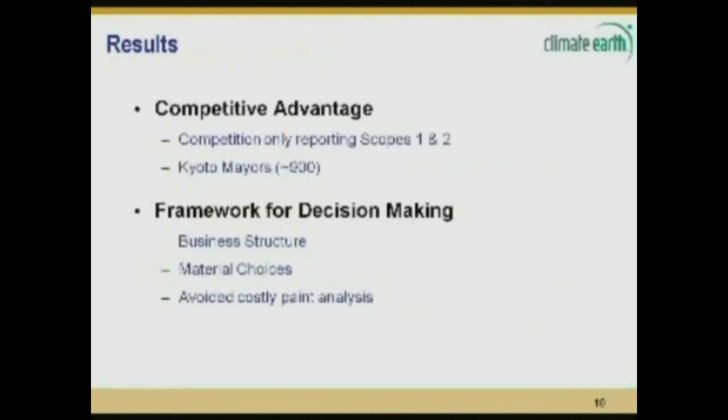So what have they achieved so far, if we want to go back and summarize the achievements? First of all, their competition is reporting Scope 1 and 2, so they're reporting a very small piece of their carbon footprint. That was a challenge for them initially, trying to decide if they would report their supply chain emissions.